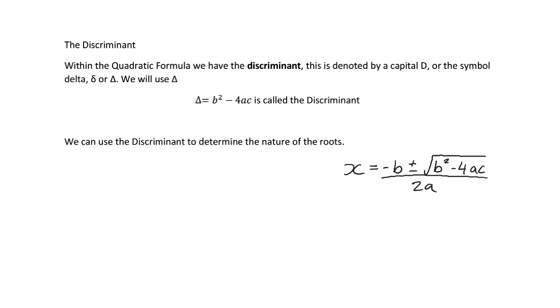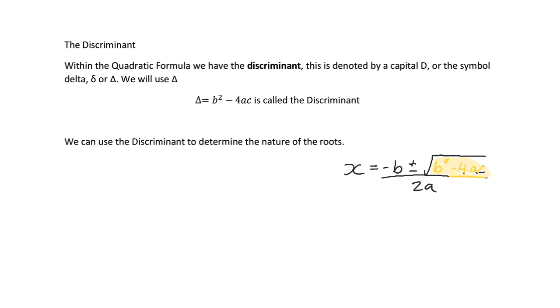And our discriminant appears underneath the square root sign. So if you are in an exam or a test and you recognise that the question's asking for you to use a discriminant, go to the formula page if you can't remember it, and just remember it is underneath the square root sign.